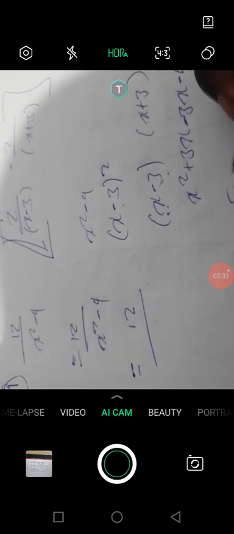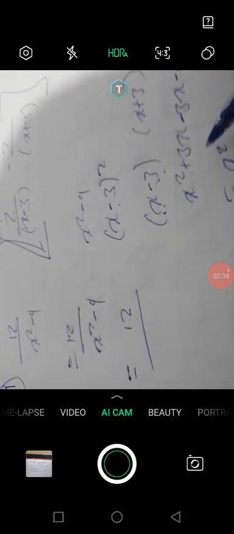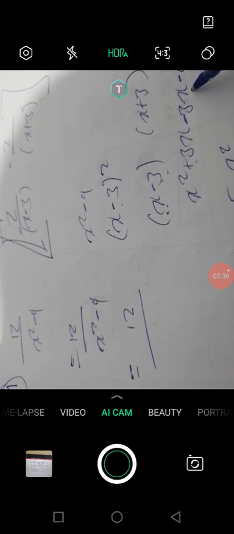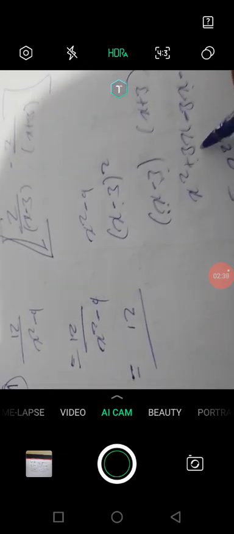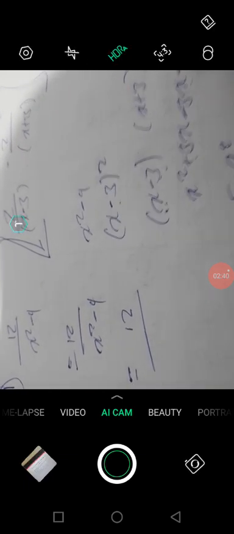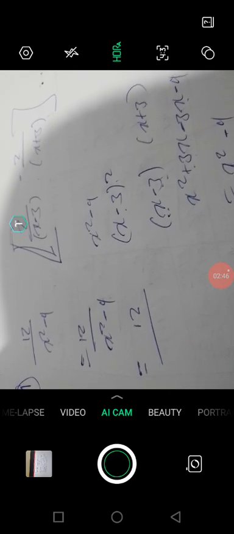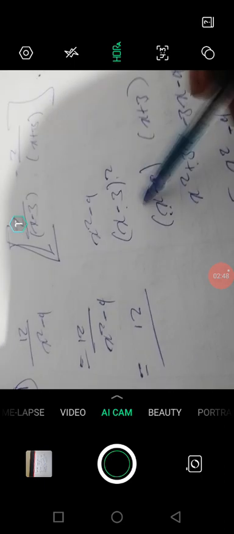So we get x squared, then 3x minus 3x is 0, and I remain with negative 9. And this and this are one and the same. So I put the difference of 2 squares down here: x minus 3, then x plus 3.